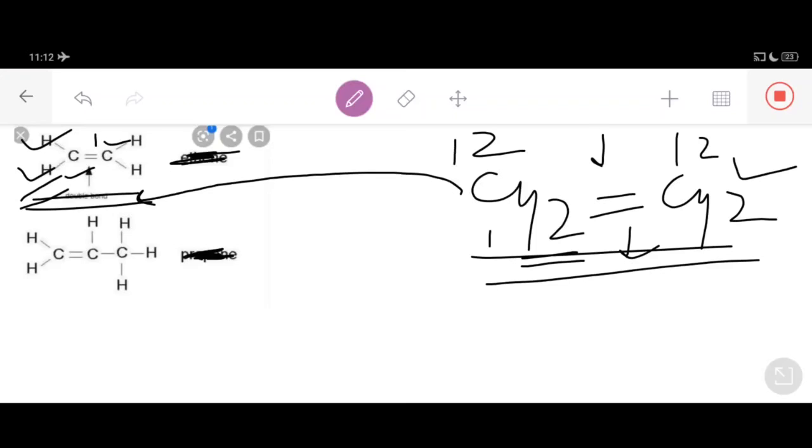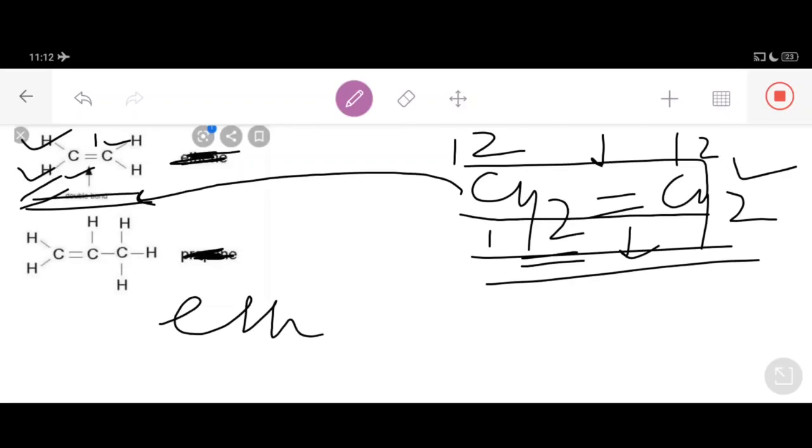That means it is the same numbering, so this is the longest chain. This longest chain contains 2 carbon atoms. You know the rule already, that the moment you see 2 carbon atoms in a compound, you are supposed to write eth. That means this hydrocarbon contains 2 carbon atoms, which are indicated by writing eth.